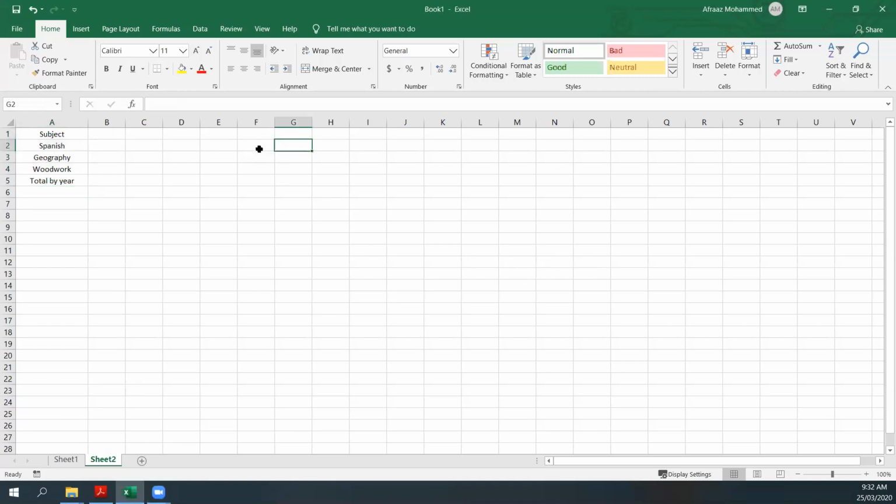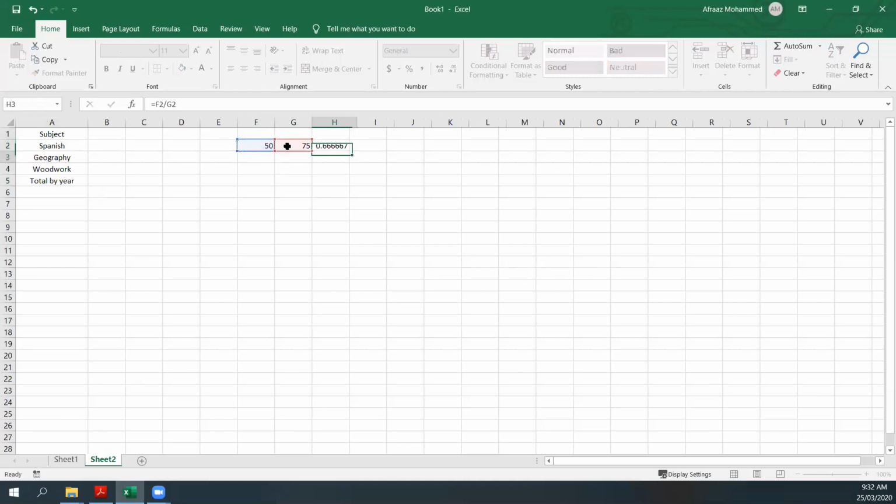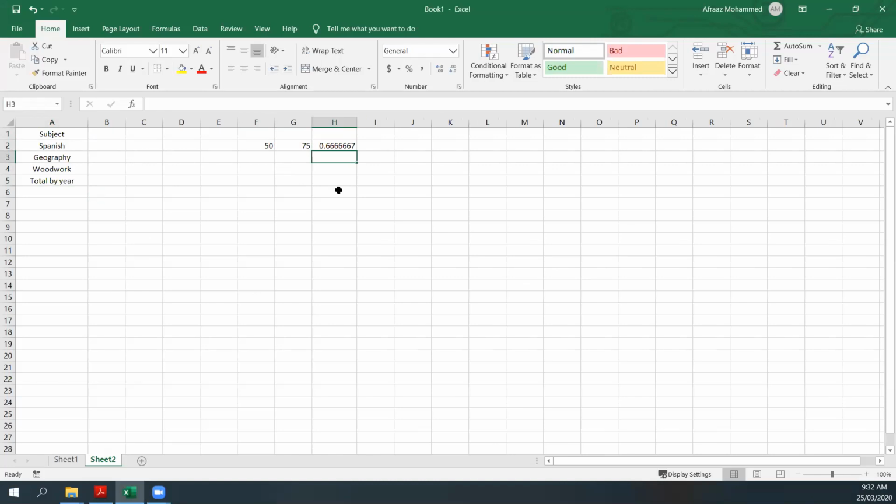So, for example, let's just say you have 50 and then 75, and then you divide the values. 50 divided by 75. Now, if you were to format this to percentage, it will show whole numbers, right?